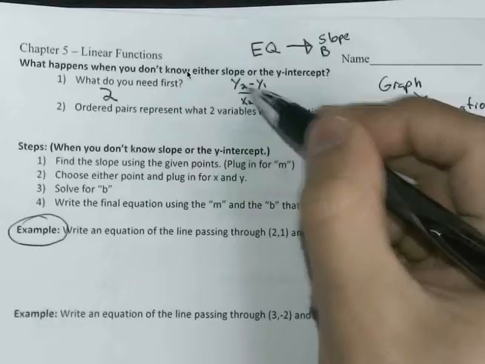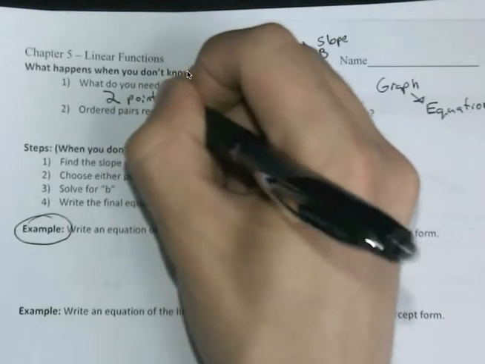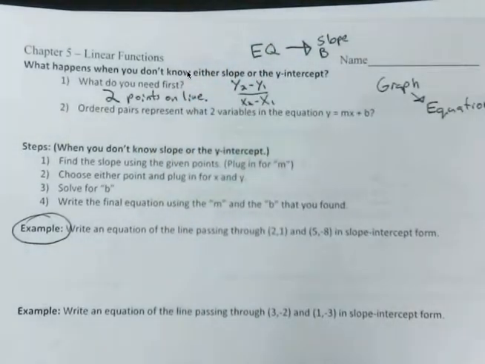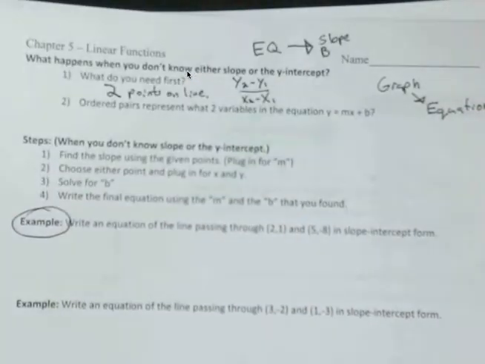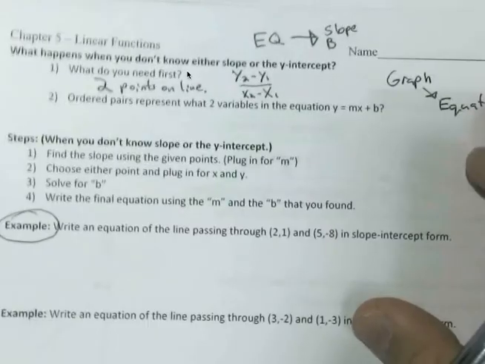And the reason that we can use this is because we have 2 points on the line. If we didn't have those, we wouldn't be able to use slope formula. And if we don't have the y-intercept, then we need to find it.